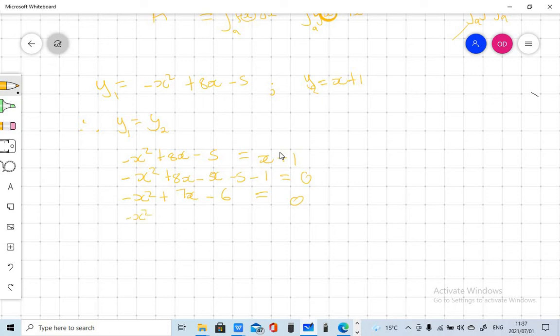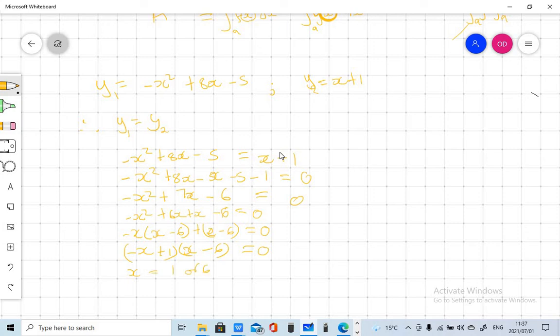Minus x squared plus 6x plus x minus 6 equal to 0, and then you factor out minus x, giving minus x times (x minus 6) plus (x minus 6) equal to 0. Therefore, minus x plus 1 or x minus 6 equals 0. You're solving your quadratic there, and eventually you get x equal to 1 or 6.